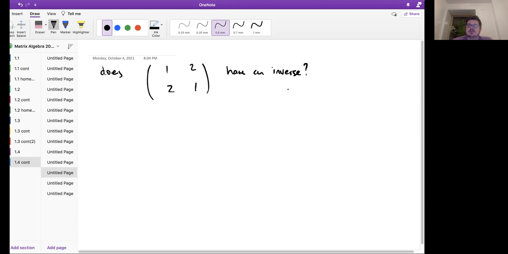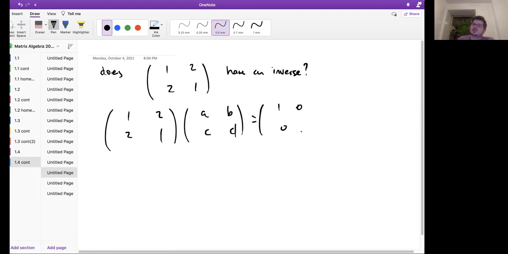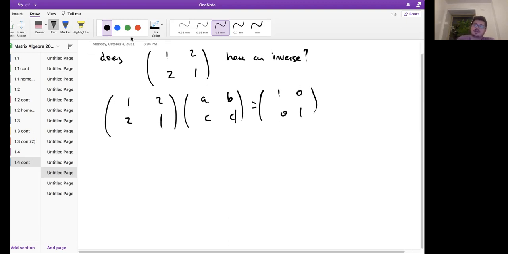What does it mean to have an inverse? It means that if I multiply this by something A, B, C, D, what I would get back is 1, 0, 0, 1. So let's do that. And now we want to solve for A, B, C, D.